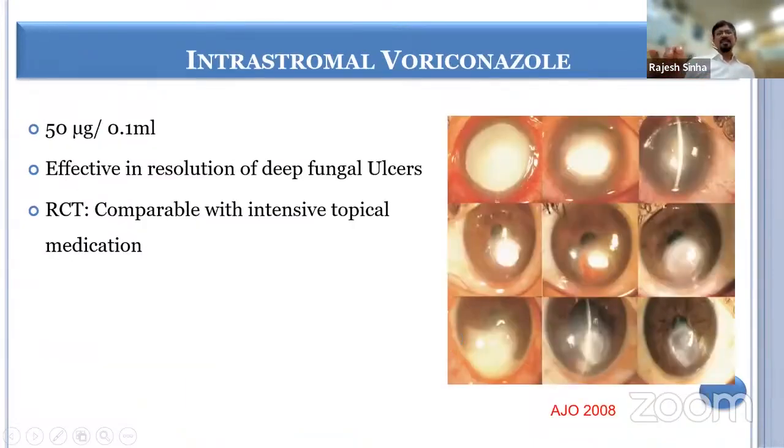Then we had a case series of intrastromal voriconazole, wherein this is a case of fungal keratitis where intrastromal voriconazole was given and it improved significantly. Another case with injections of intrastromal voriconazole also improved significantly. The dose is 50 microgram in 0.1 ml.